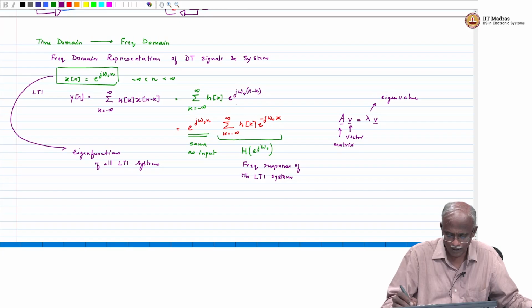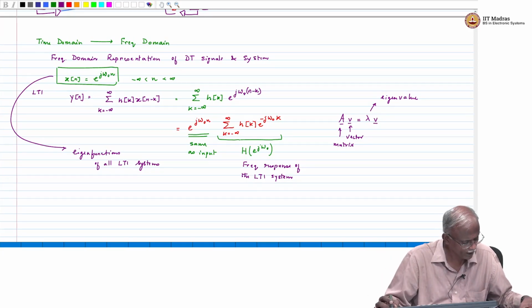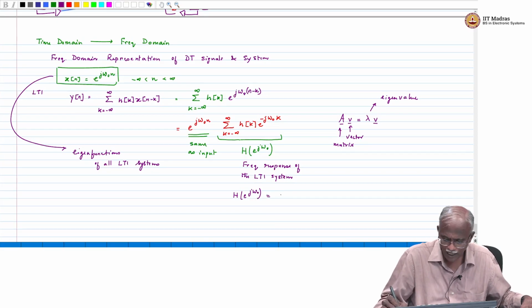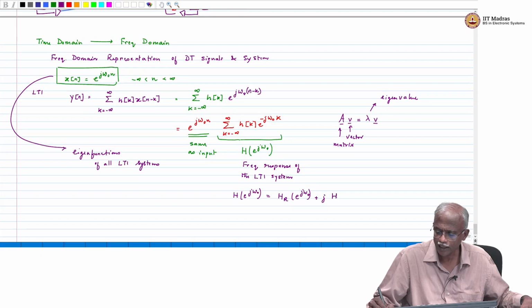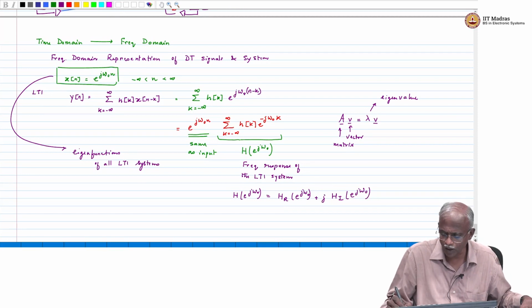Remember the summation has a complex exponential, so it will be complex valued. Now we can write this H(e^j omega naught) in the following form, as some real part H_R(e^j omega naught) plus j times H_I(e^j omega naught). Okay, now just for convenience, I am going to drop this omega naught. Basically, just call it omega.